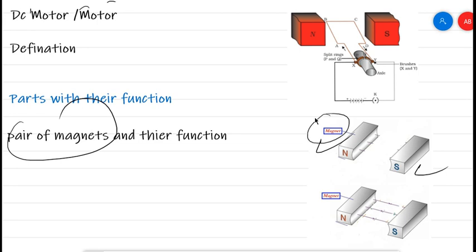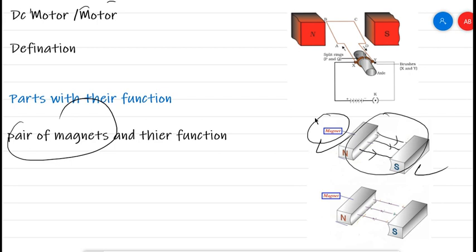So what is the function of these magnets? Here you can see that we know the direction of the magnetic field lines is from north towards south. It can be a different shape of magnets. It depends on the situation, on the diagram we are considering.